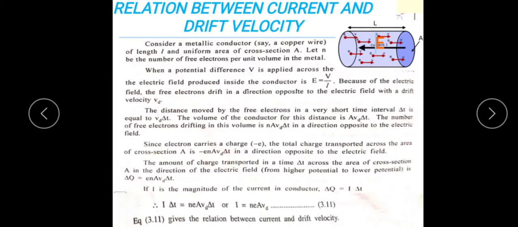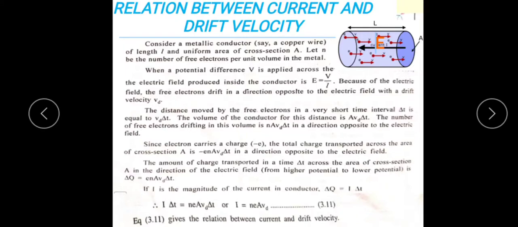Hence the total charge transferred across the area, in the direction opposite to the electric field, is the amount of charge transported in the time t across the area of cross section A in the direction of the electric field, from higher potential to lower potential.